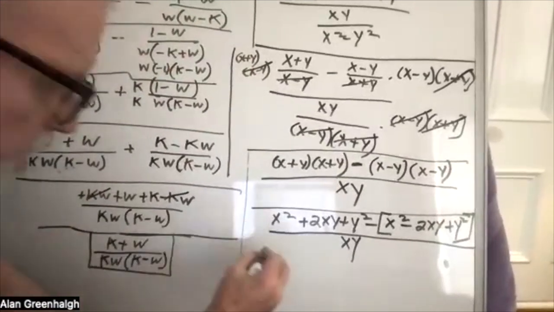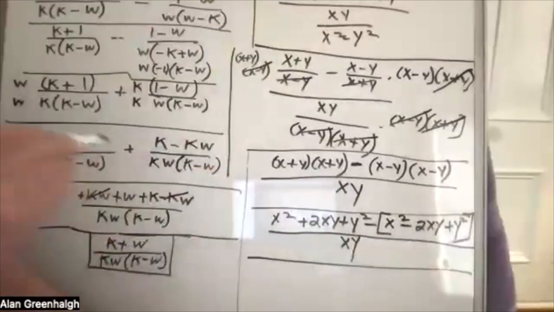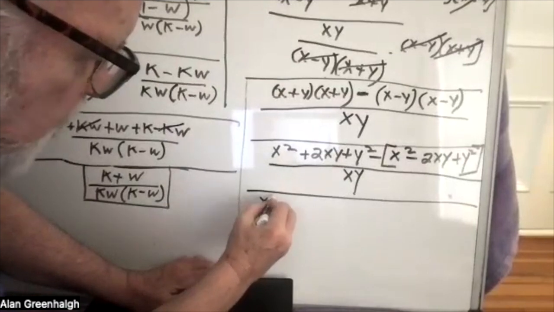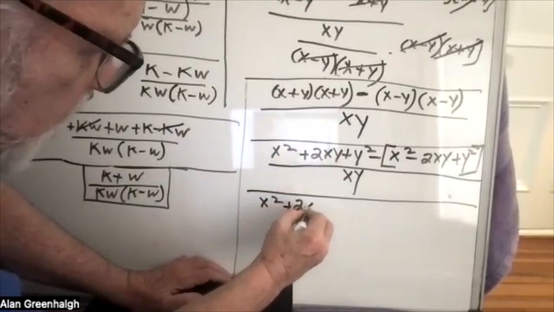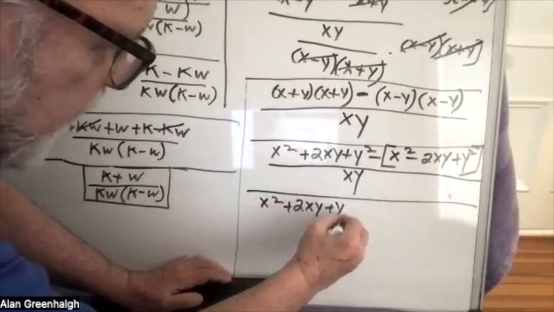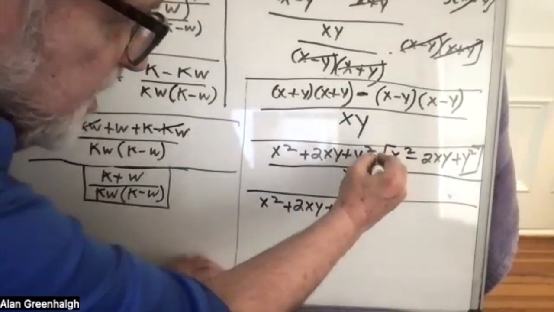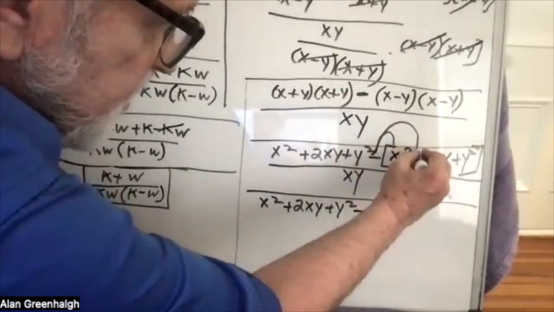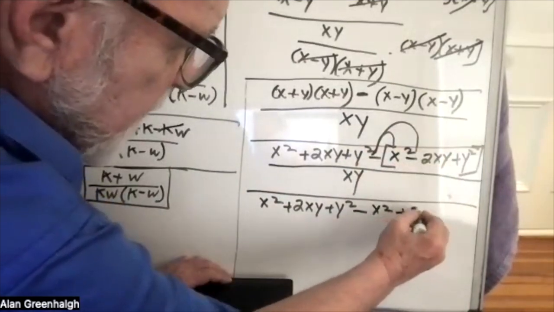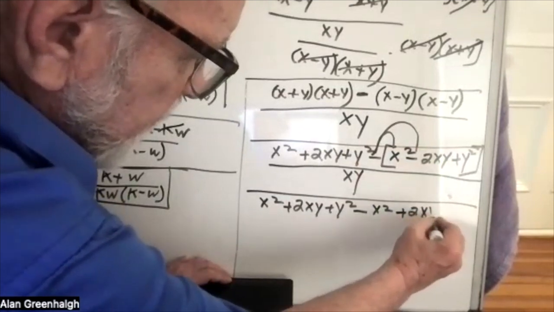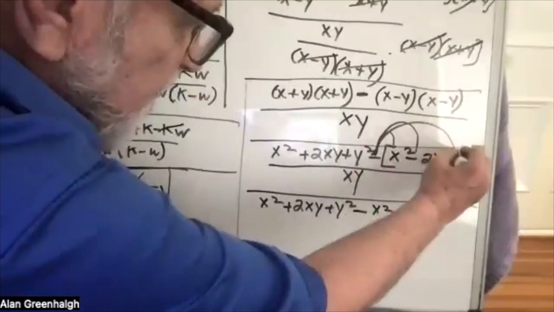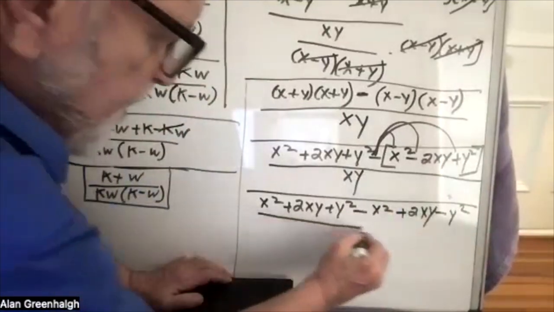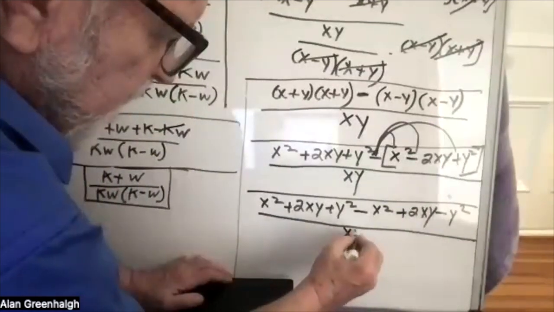So the next step is to rewrite what I have here, x squared plus 2xy plus y squared minus x squared. Negative times negative is positive, 2xy. Negative times positive is negative y squared over xy.